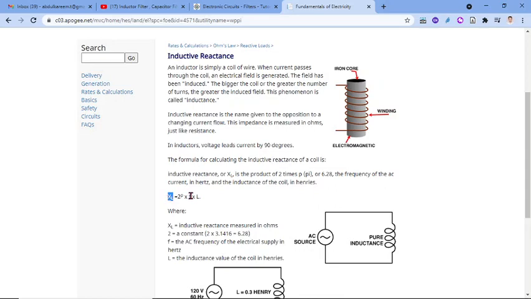In the case of DC, frequency is 0, so inductive reactance XL is 0. So there is no resistance for the direct current. So it allows DC freely and blocks the AC.